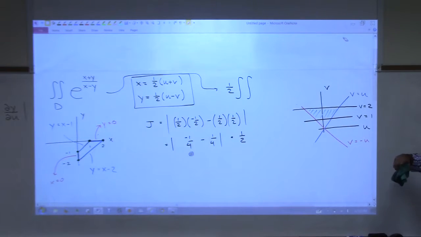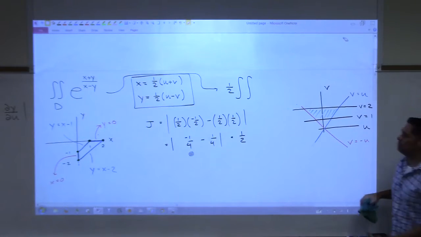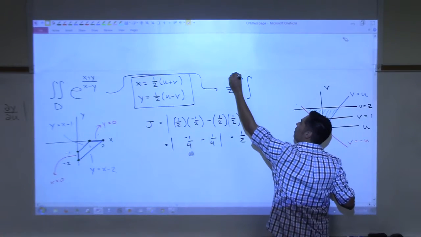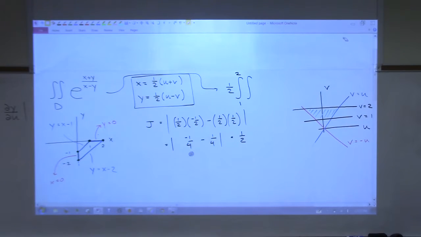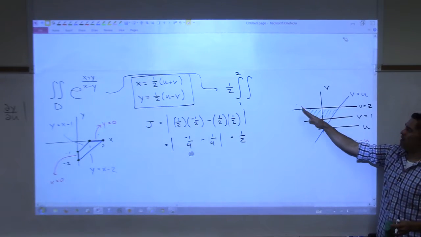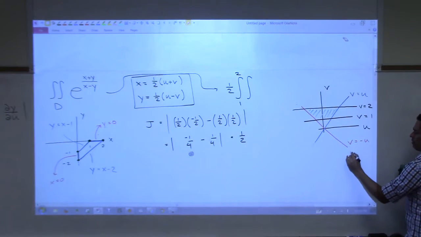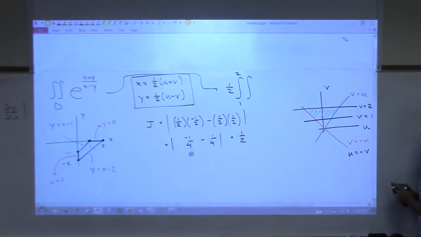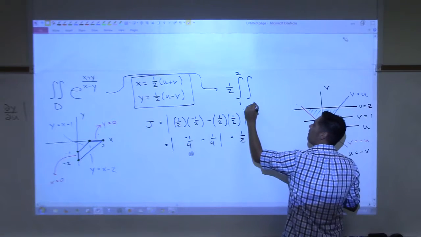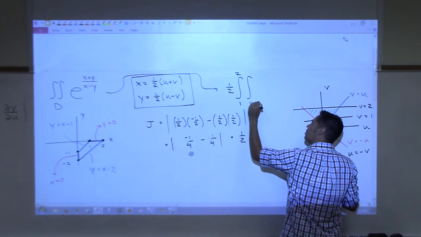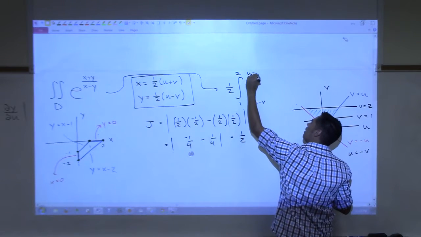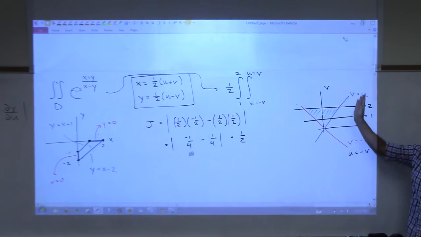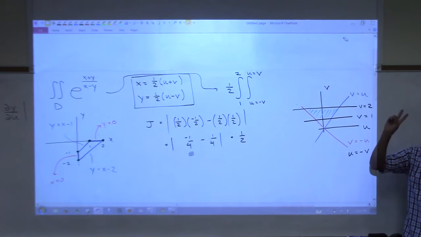So I'm going to start with my bounds on v. So it's 1 to 2. Okay, now my restrictions on u. So the bottom one, which is this one, solve for u. U is negative v, right? So this is going to go from u equals negative v up to u equals v. So this is a type 2 region.